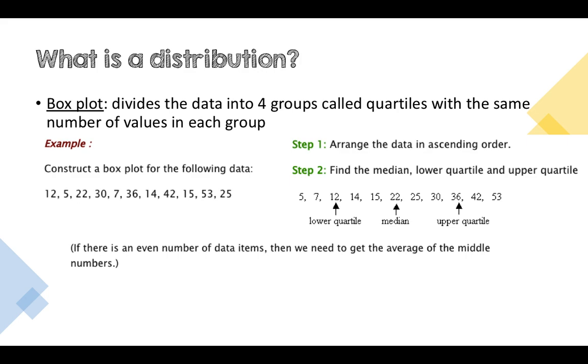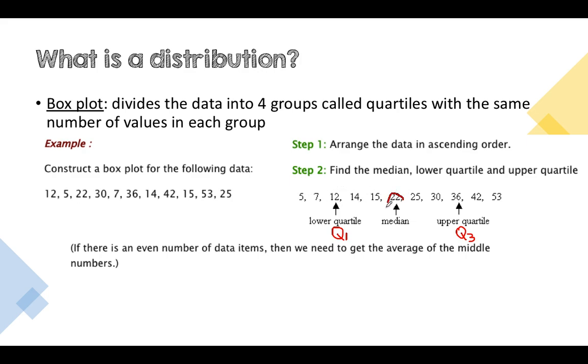The lower quartile and the upper quartile, those are often called quartile 1 or Q1. And then the upper quartile is quartile 3. So that's basically like the median of the lower half. It's the middle of the lower half of the data.